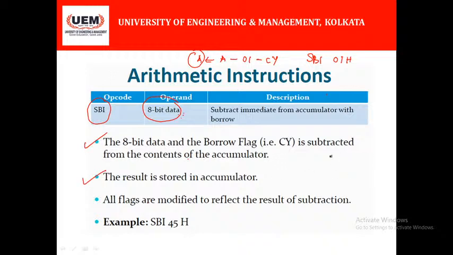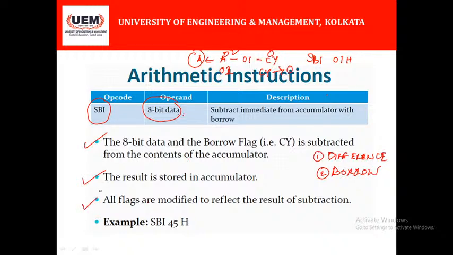Result means we know that after the subtraction there are two results. One is difference and another one is borrow. If my borrow is initially 0, and the value of the accumulator is 02, then my difference will be 01 and my borrow will be 0. Okay.